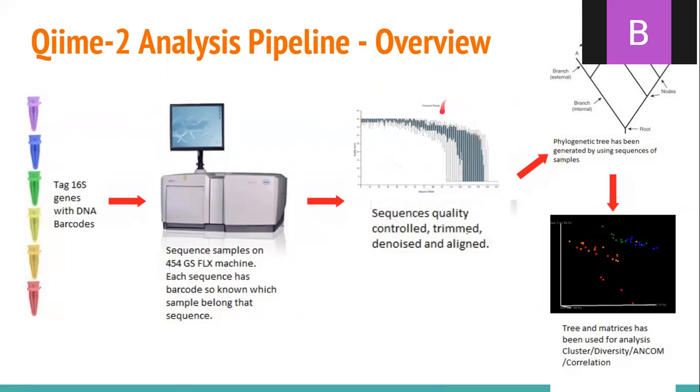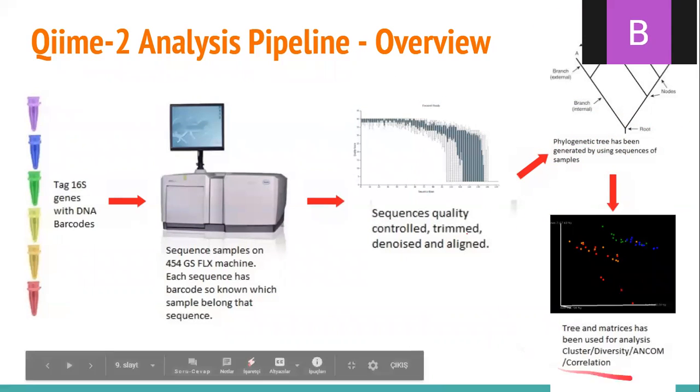After editing and quality filtering, a phylogenetic tree is generated, and with the phylogenetic tree and the edited sequences, we do our analyses. And this is a picture of Emperor, by the way. These analyses consist of principal component analyses, alpha and beta diversities, differential abundance analyses, and more.